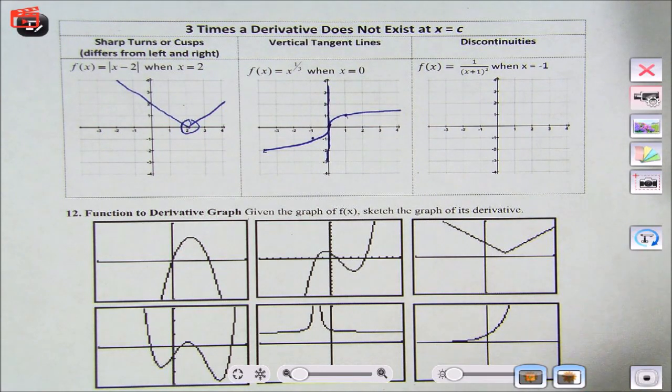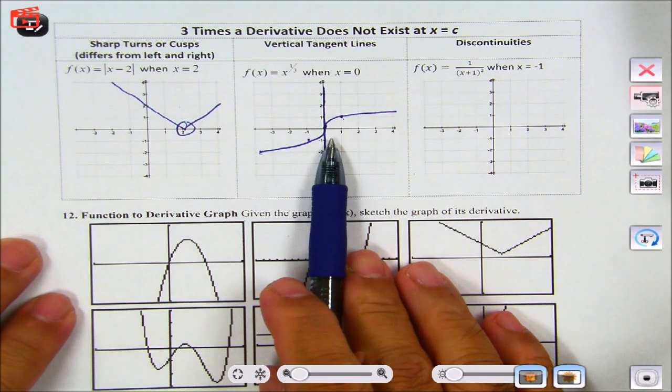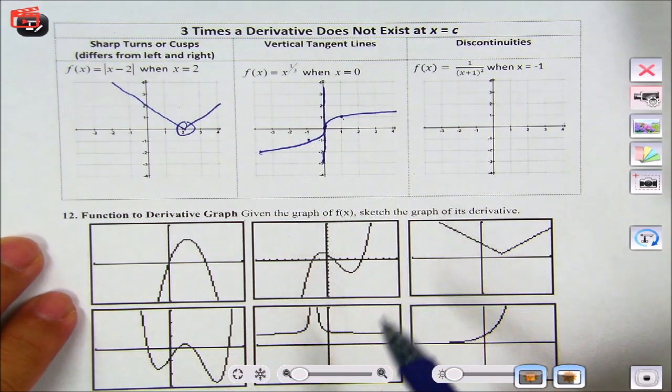If the slope is not describable, then the derivative is undefined. X to the third has a slope, so does this; it just can't have it at x equals 0.